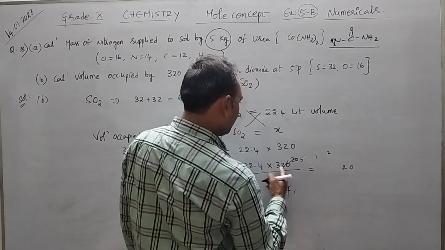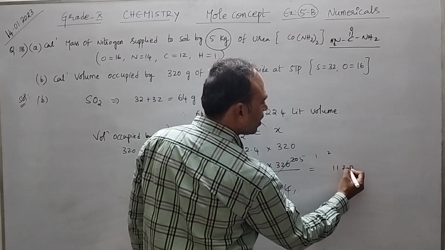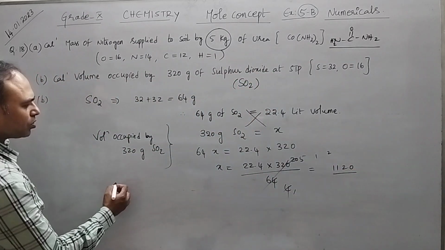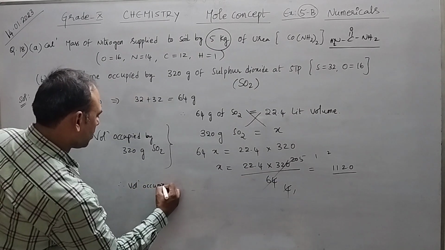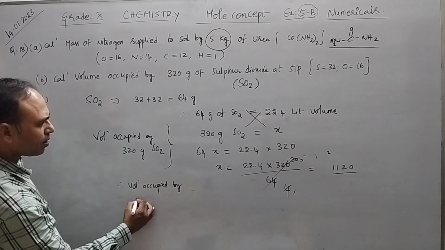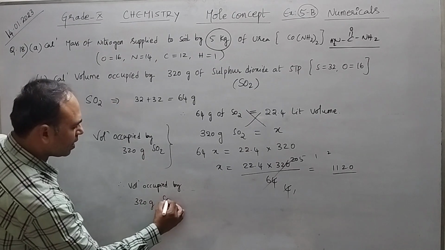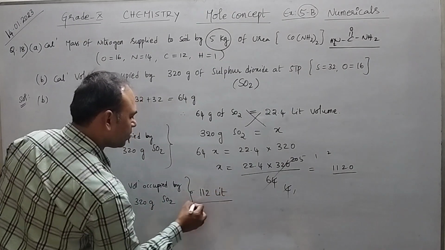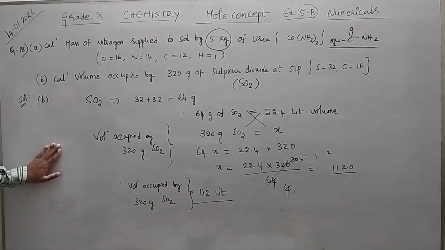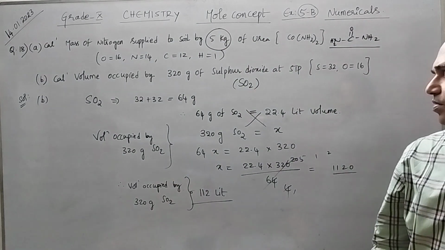So here we got 112.0. Therefore, the volume occupied by 320 grams of SO2 is 112 liters. So make a note of this answer. Now let us move to question number 19. Hope you have understood this.